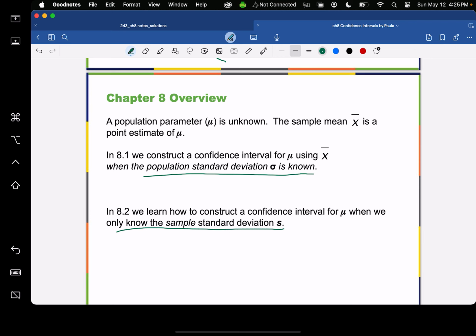So that's the main difference between 8.1 and 8.2. We are still constructing a confidence interval for mu in 8.2, but we only know the sample standard deviation, S. So we have a little bit less information to work from, and our process is going to be a little different. So you'll see that as we work through this chapter.